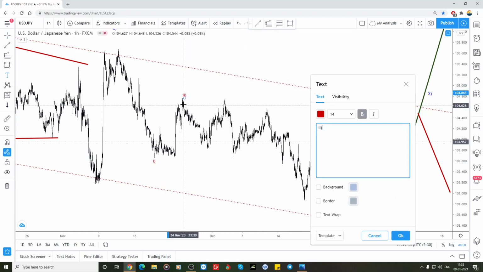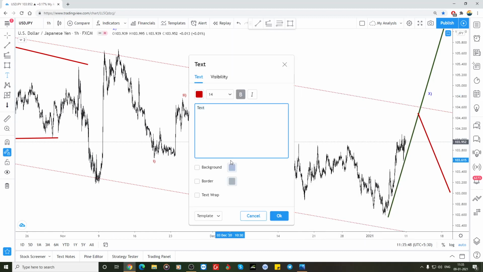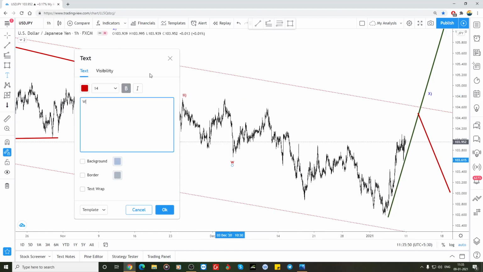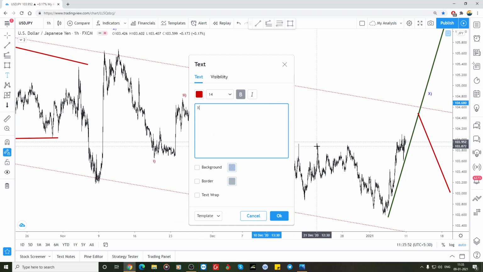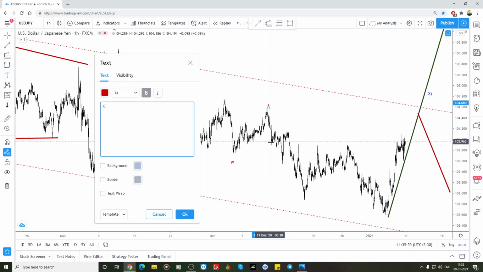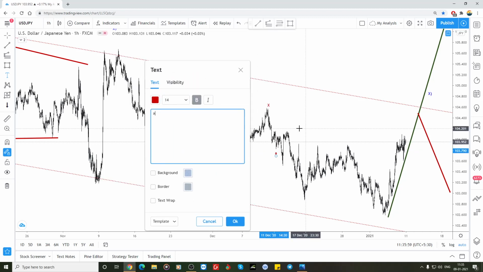2. So here's a B, C. So it's a W because it's got extended. So W, this is the X, this is the A is completed here, and B is completed.